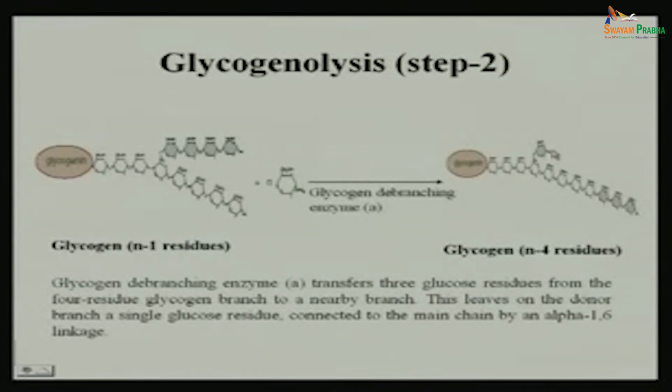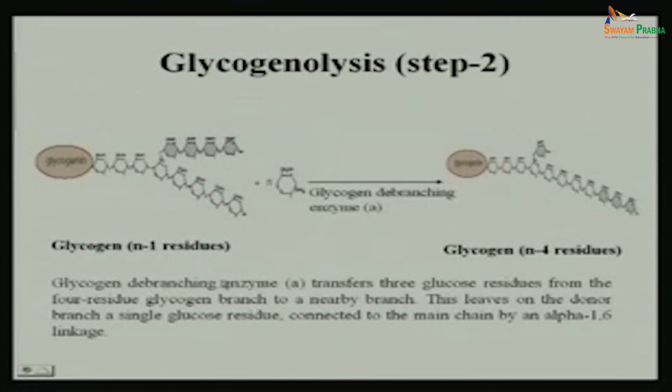So, from the 4 glucose residues, 3 glucose residues were debranched by enzyme A, the transferase, and it transferred these 3 moieties to the linear branch, leaving 1 glucose with the alpha-1,6 linkage.